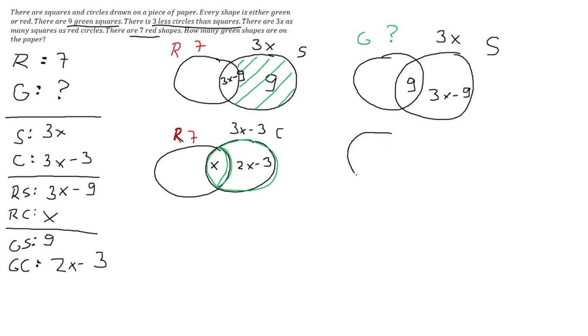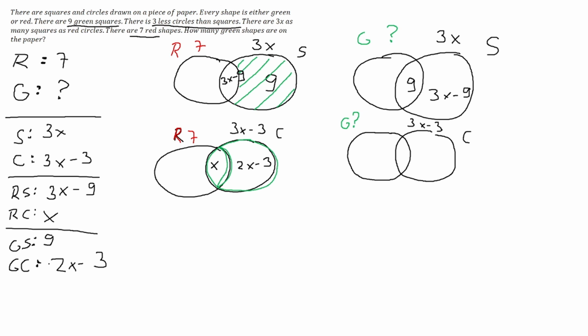And then our fourth and final combination are the green shapes and the circles. Just like so. Again, green is unknown, the green shapes are unknown, that's what we're trying to find out. So the circles are equal to 3x minus 3.